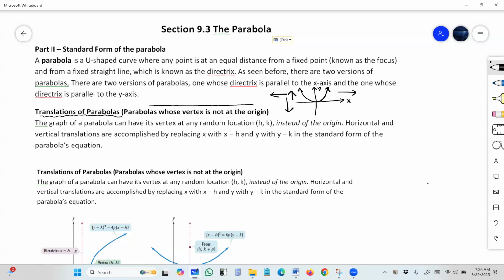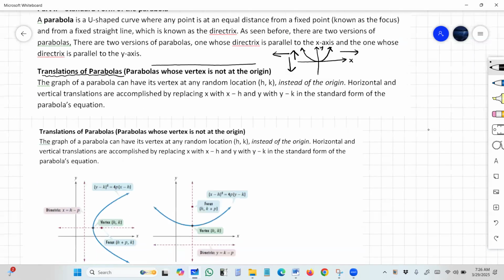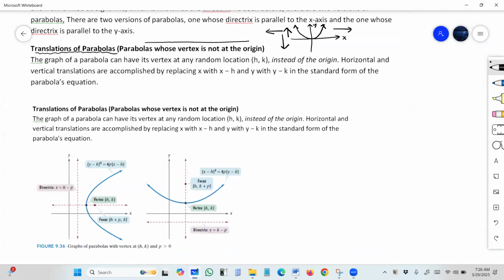Once you know the basic format of the parabola, these are pretty easy, because all we have to do is shift the x position by either a plus value or a negative value, meaning I'm going to go right or left, or I'm going to shift the y position either up or down, depending on the situation.